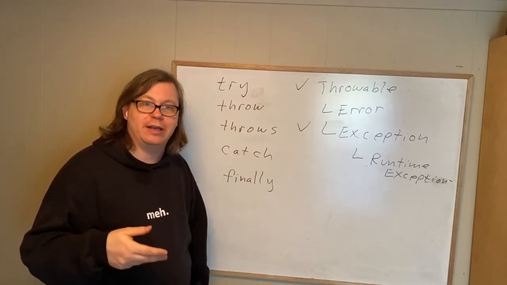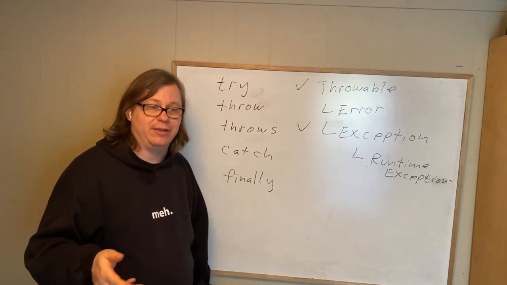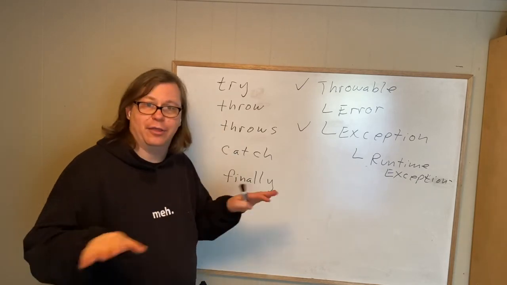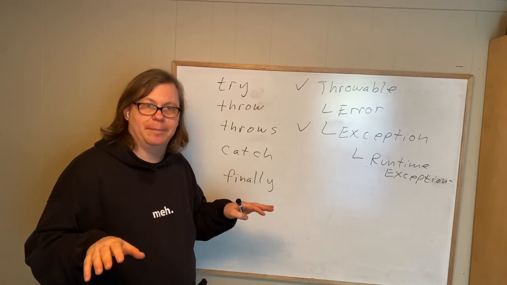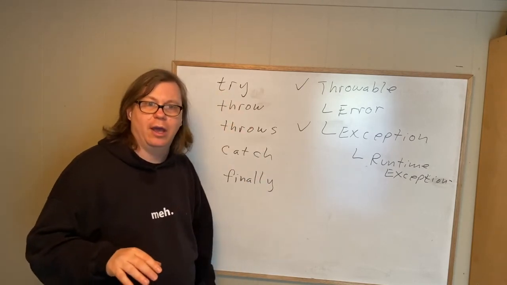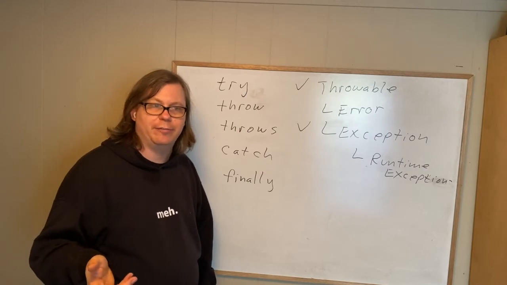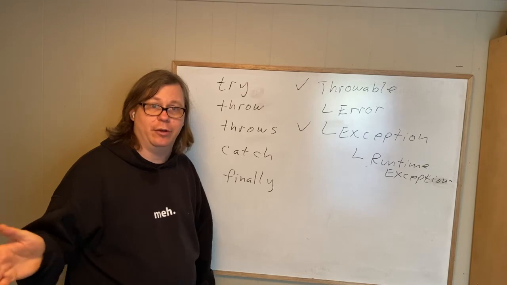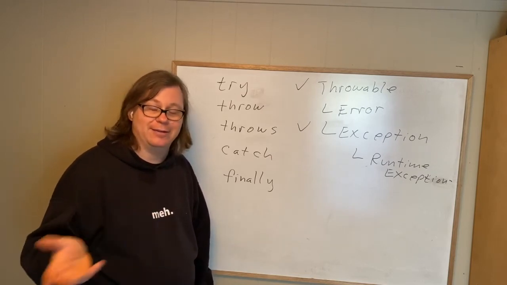And how I choose to deal with it will depend on the situation. But basically, I just turn my brain off, don't even think, write the throws or whatever. It tells me, hey, you need to put in a try. Hey, you need to put in a catch. I intellectually know when to do those things, but honestly, I don't bother. I literally just let the compiler tell me what to do. Give me a test, I'll be able to pass the test, no problem.